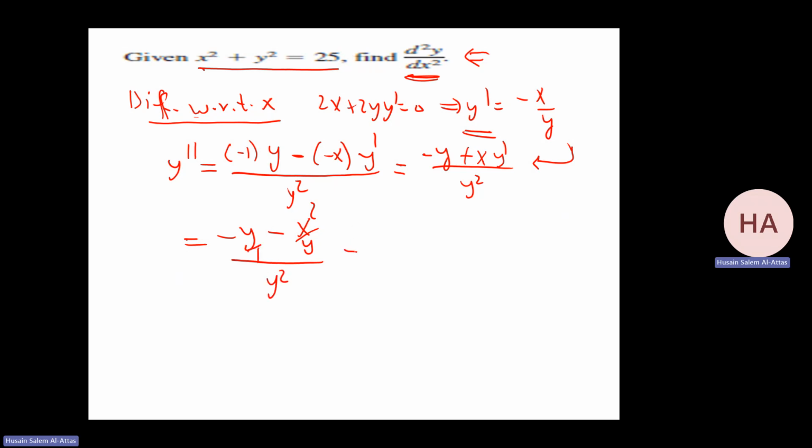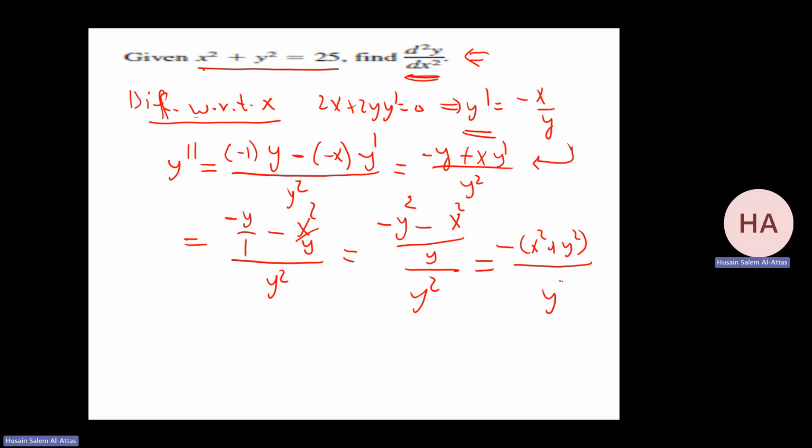So with a common denominator, I have minus y squared minus x squared over y cubed.